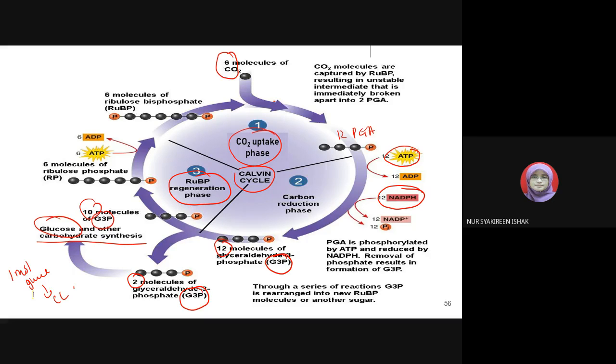So during regeneration phase, untuk menghasilkan 6 RuBP perlukan 6 ATP. Okay, so the RuBP regeneration phase requires 6 molecules of ATP to synthesize 6 molecules of RuBP.